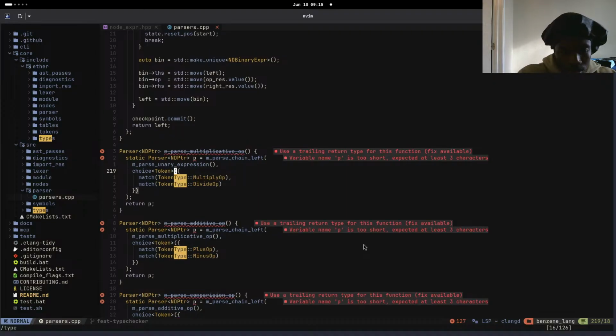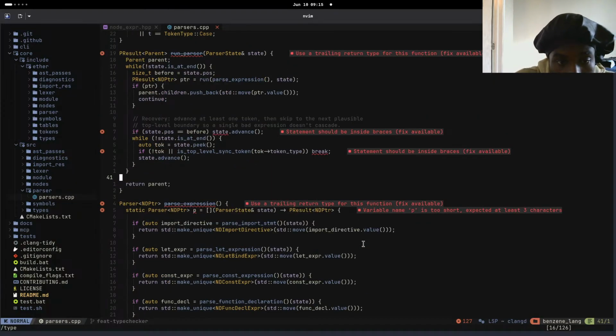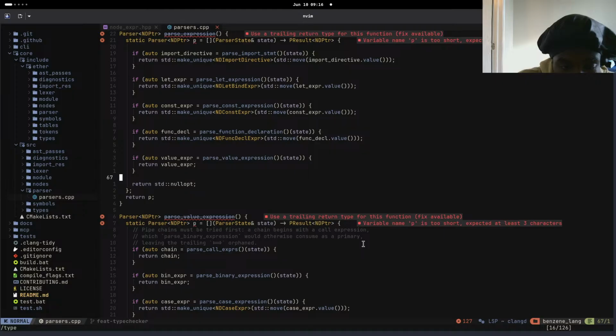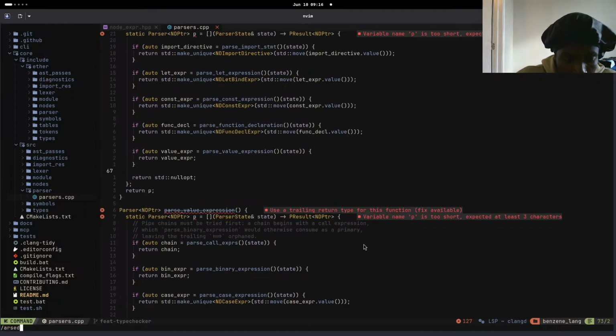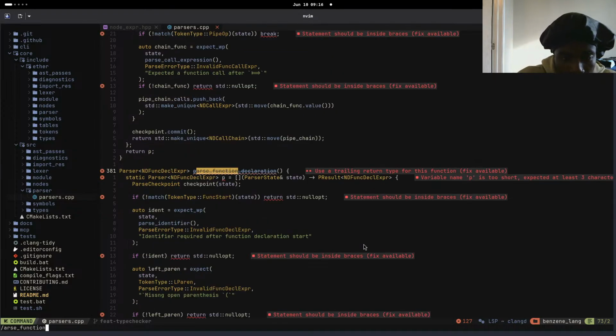Oh shit, no, never mind. I'm trying to find one that has, let's see, did we do that's okay, let's go to parse. Function. Yeah.